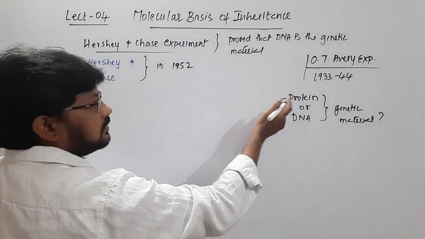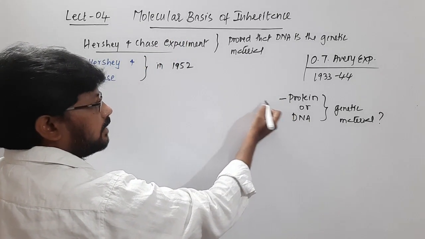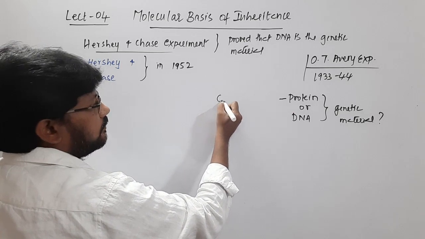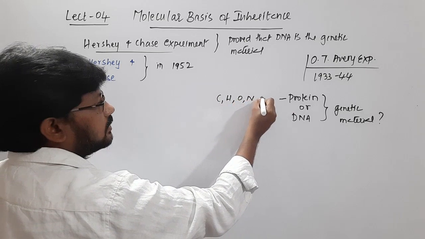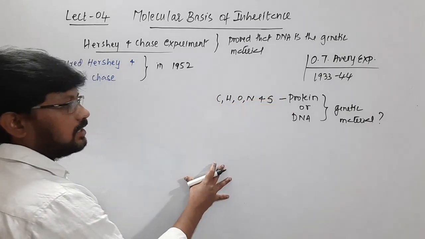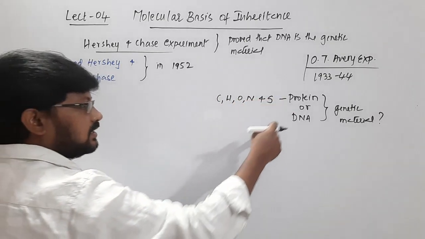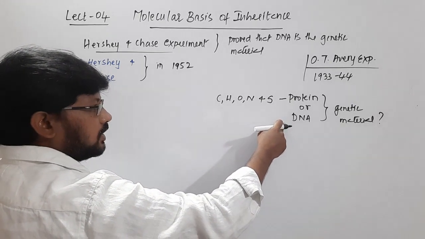Let's see what the proteins are made up of. Proteins consist of carbon, hydrogen, oxygen, nitrogen, and sulfur is present in proteins. Whereas DNA does not have protein.